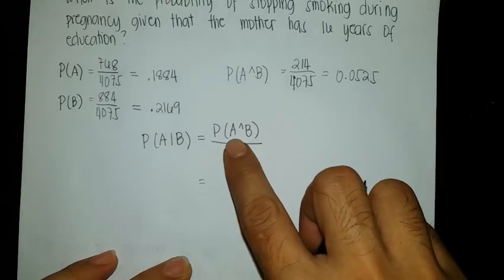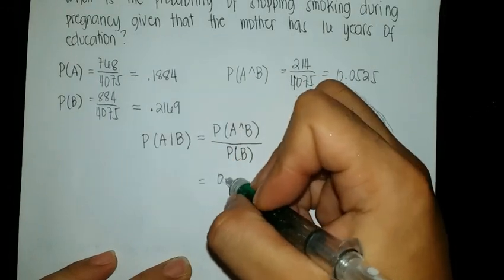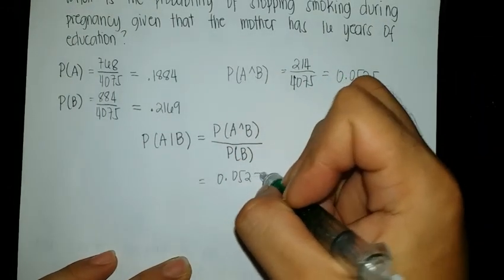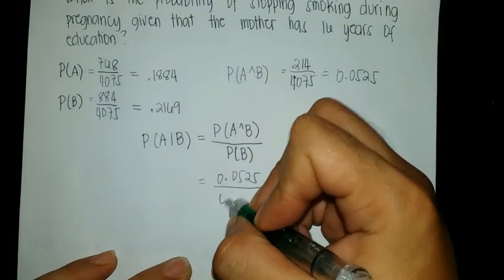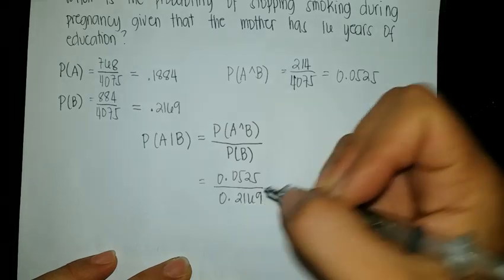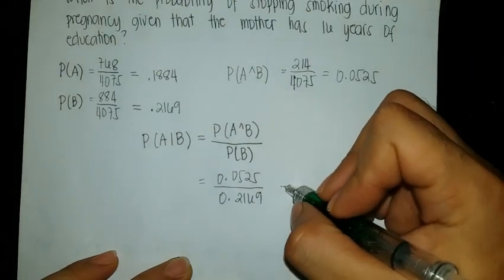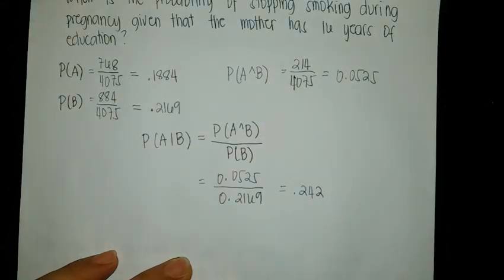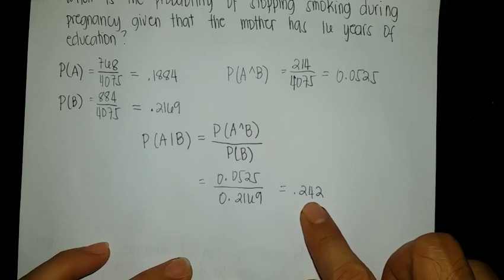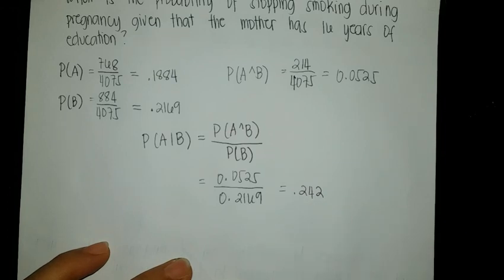The probability of events A and B is equal to 0.0525. Then the probability of event B is 0.2169. Getting now the quotient, that will be equal to 0.242. So 0.242 is the probability of stopping smoking during pregnancy, given that the mother has 16 years of education. So that is conditional probability.